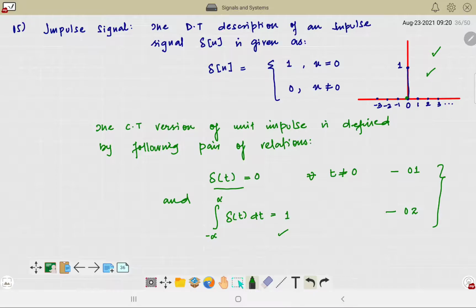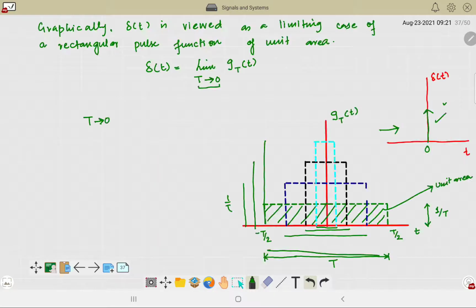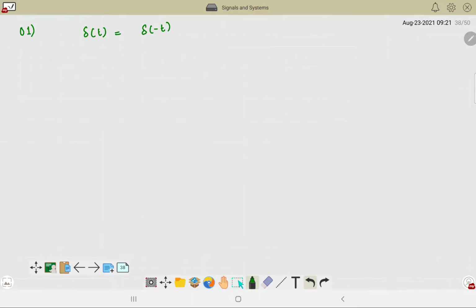Fine. Now it has very interesting properties. In fact, when we start analyzing systems, we will first be analyzing in terms of this impulse function. Now the first property, I will only be enumerating the properties, is that delta t is the same as delta minus t, which is obvious because it's only defined at the origin. If you fold the time axis, the point 0 still stays the same.